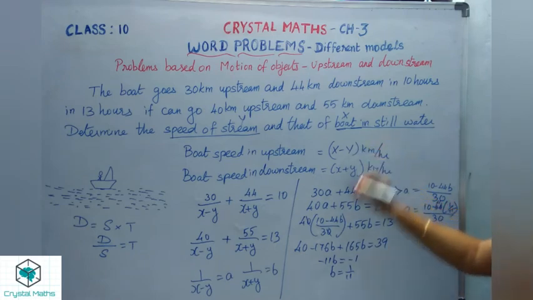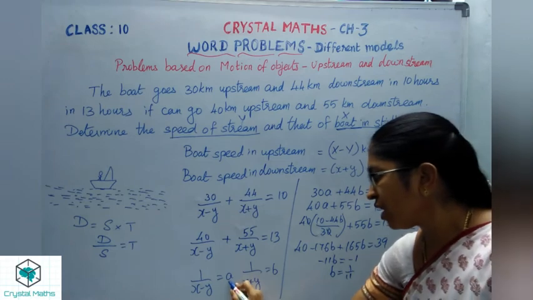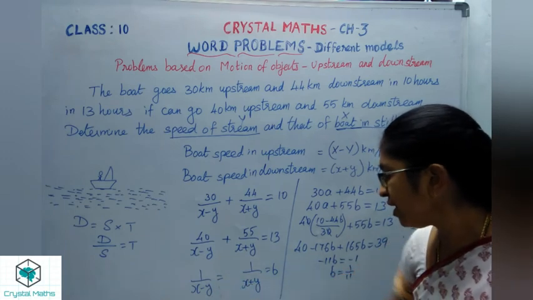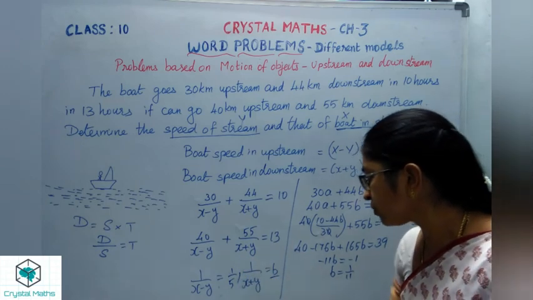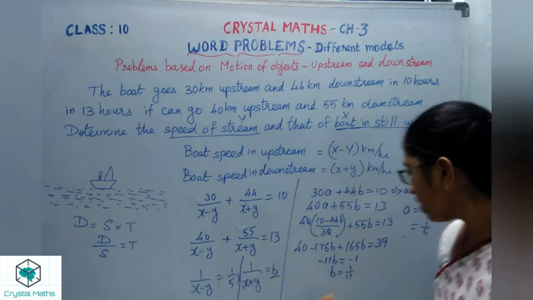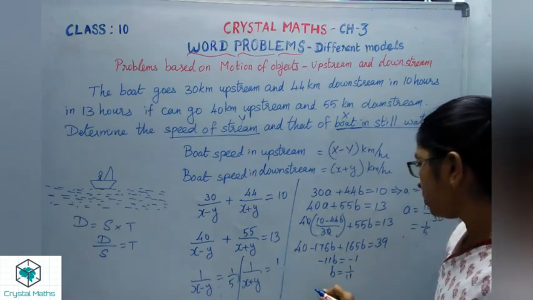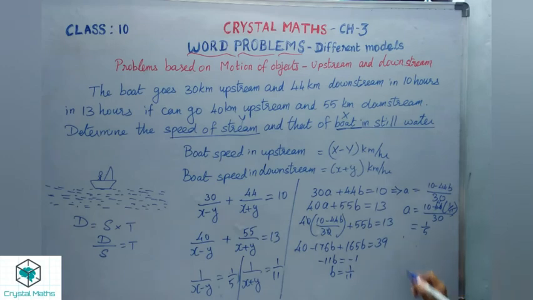Again, we need to substitute in this place. 1 by x minus y equal to 1 by 5 and 1 by x plus y equal to 1 by 11. So this will become x minus y equal to 5 and x plus y equal to 11.